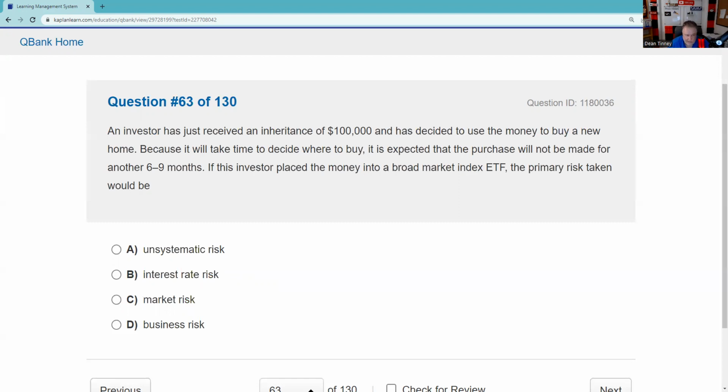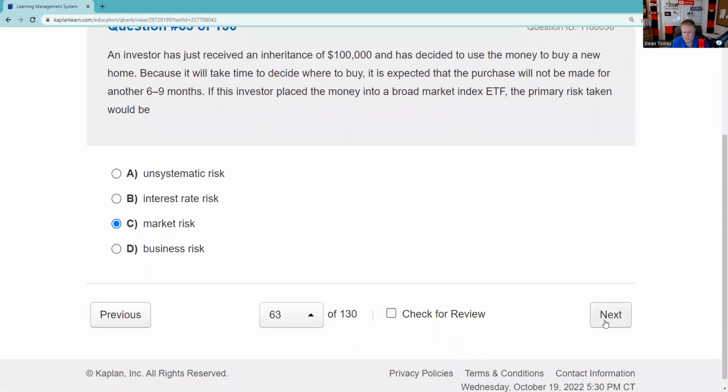On the test, the choice we get is either CDs or a money market or something that's safe. But boy, did this question take a U-turn. So now it's asking me what is the risk in an ETF? And it's a broad market ETF, so that means you're going to have market risk or systematic risk. Definitely be able to contrast an open-end mutual fund with an ETF. How are they different? And make sure you can contrast an ETF to an ETN, exchange traded note.